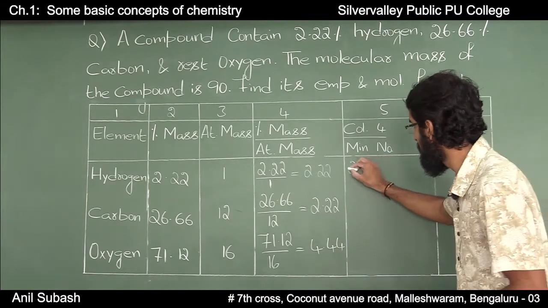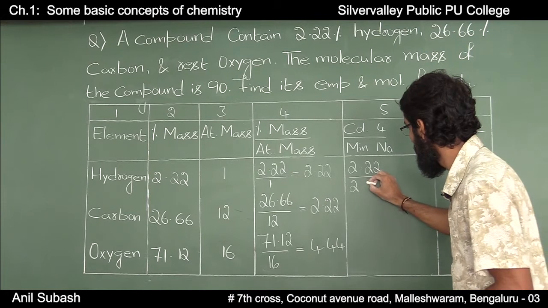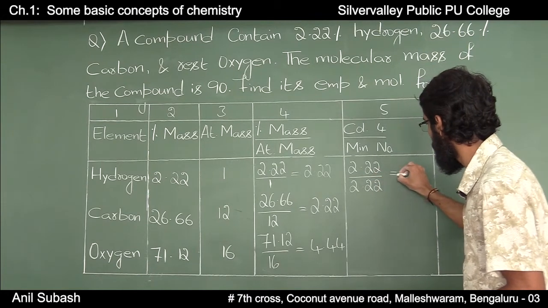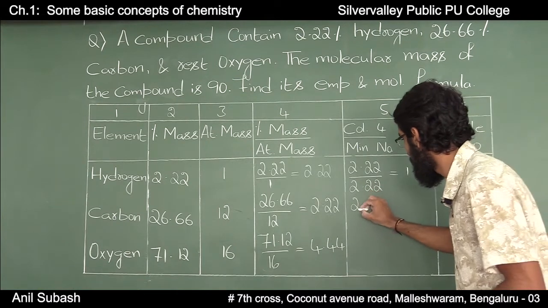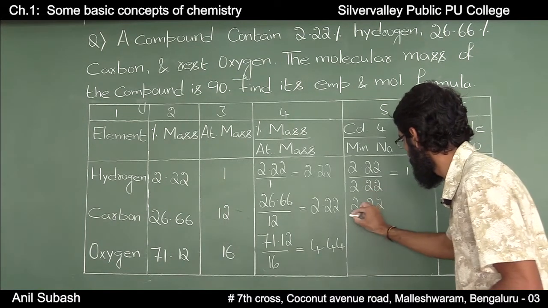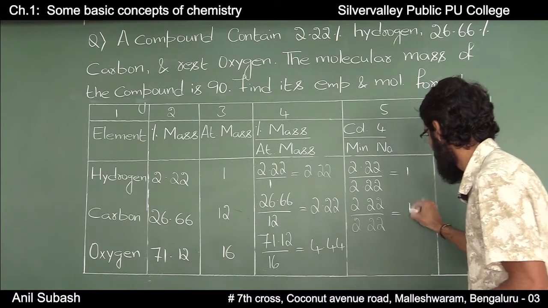Therefore, 2.22 by 2.22, that will be equal to 1. 2.22, that is equal to 1.